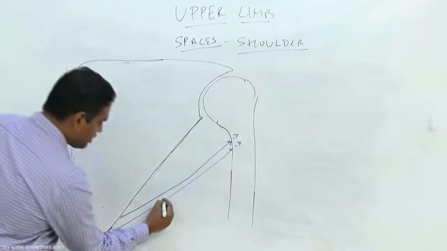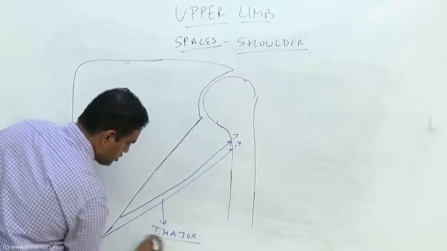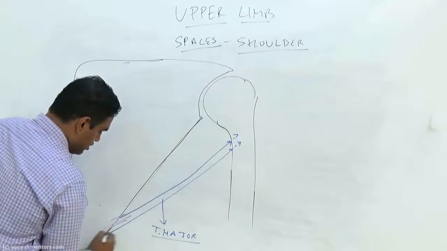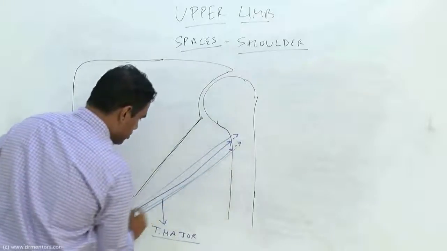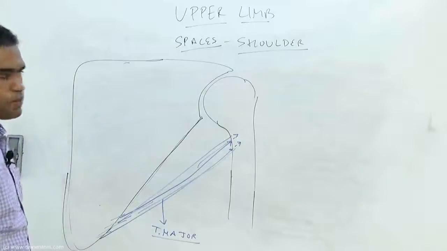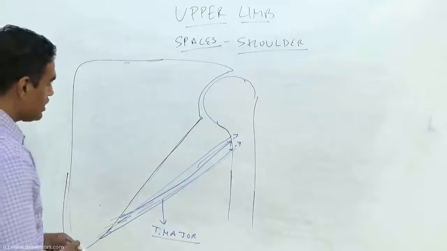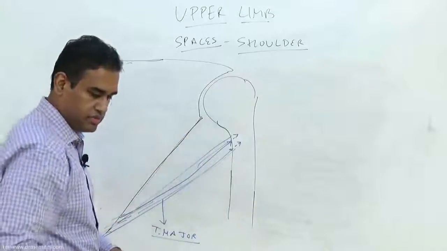So this teres major is coming from the lower part of the lateral border of scapula, and it is inserting into the medial lip of the bicipital groove. Now there is another muscle from the infraglenoid tubercle.